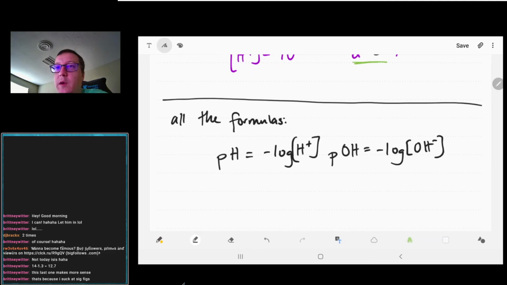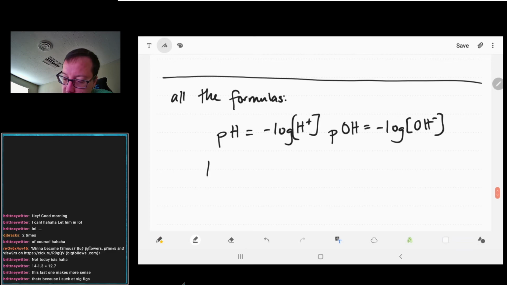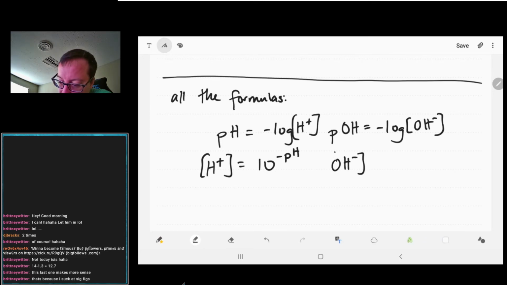So we have our ways of converting from concentration to that logarithmic scale. We have the ways of going back. For OH minus, again, it's exactly the same.